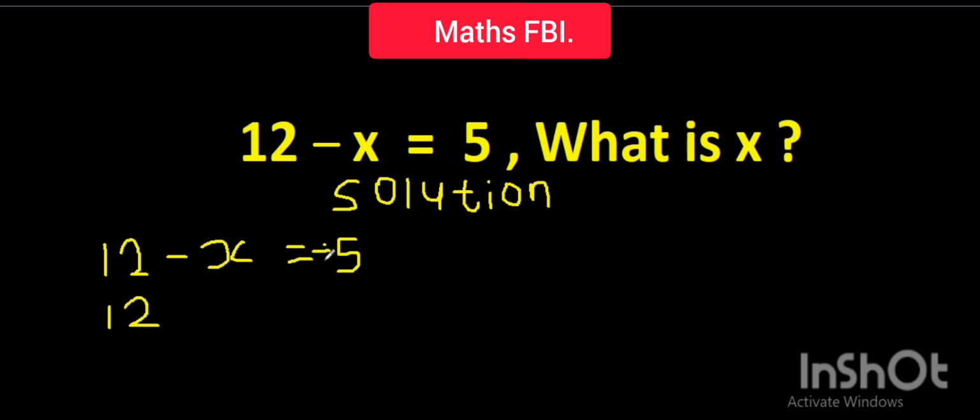So long as there's no negative sign here, the number is positive. As soon as this 5 moves across this equal sign, it turns minus 5.